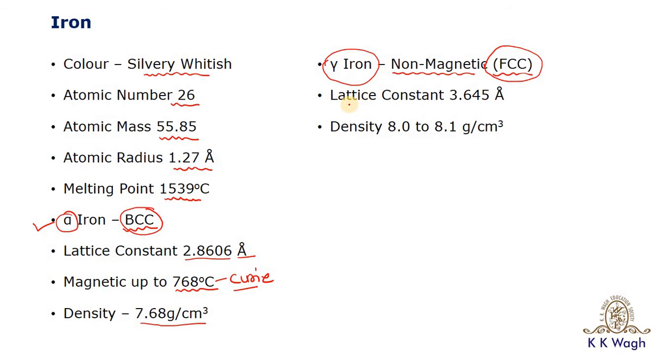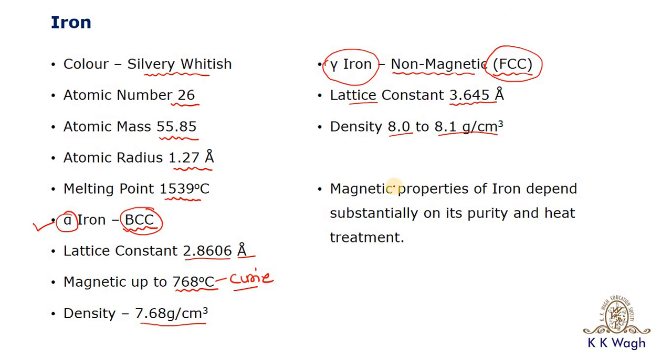The lattice constant of gamma iron is 3.645 angstrom, whereas its density is 8.0 to 8.1 gram per cubic centimeter. Then magnetic properties of iron depend substantially on its purity and heat treatment. So depending on how the iron is heat treated, we can obtain it as magnetic or non-magnetic.